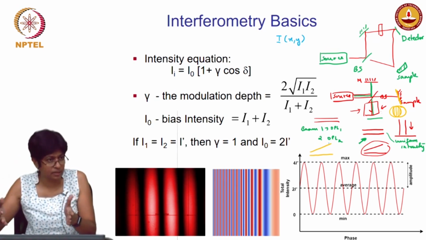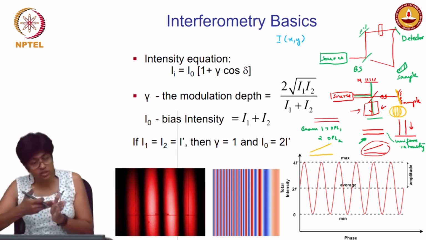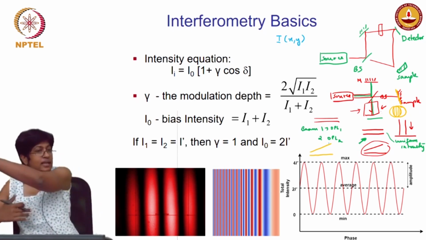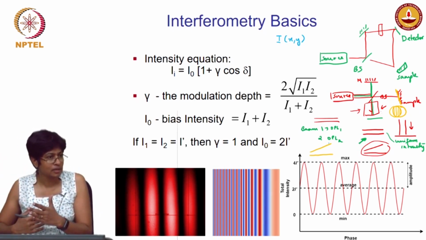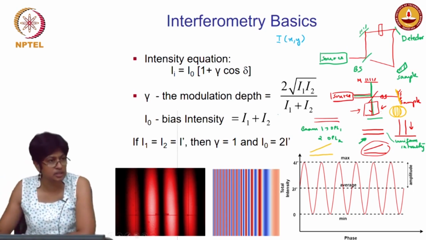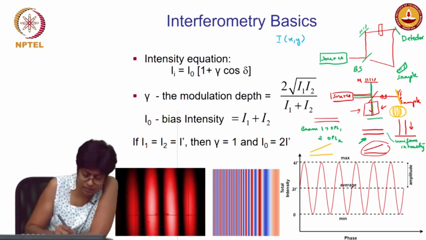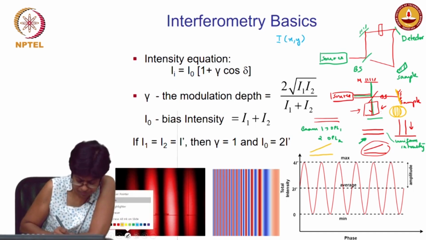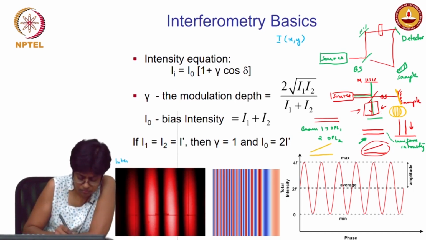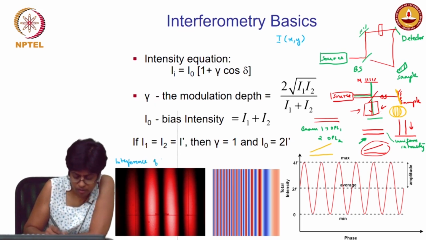So that's the period, and that is just going to repeat because the optical path length is varying in a linear way, right? So periodically the fringes or the locations of constructive interference would happen. So you can imagine that this is nothing but the interference of two tilted plane waves.